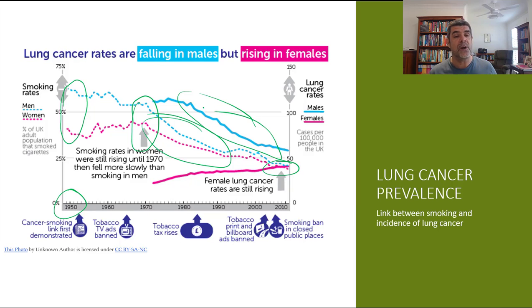One thing which you would want to have a think about is the lung cancer rates in females rising, and in fact still rising at the time of this particular graph in 2010.